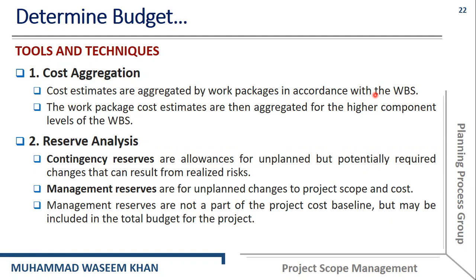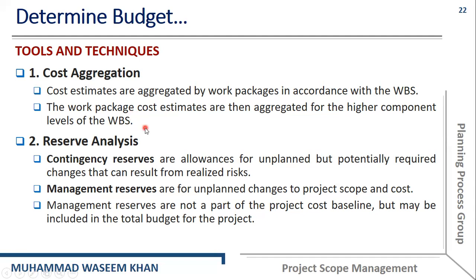So in cost aggregation, we start to aggregate the cost from the bottom of the work breakdown structure, that is the minor activities, to the top of the work breakdown structure, that is the project. The work package cost estimates are then aggregated for the higher component levels of the work breakdown structure.